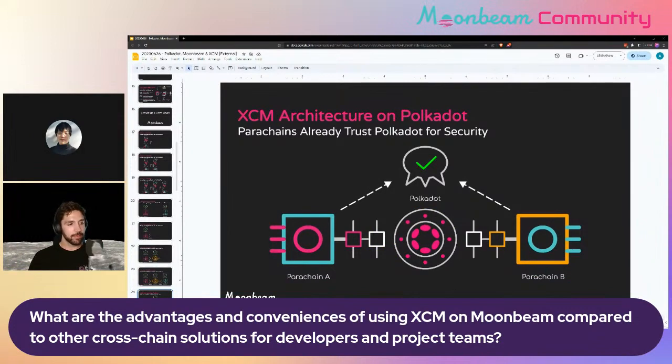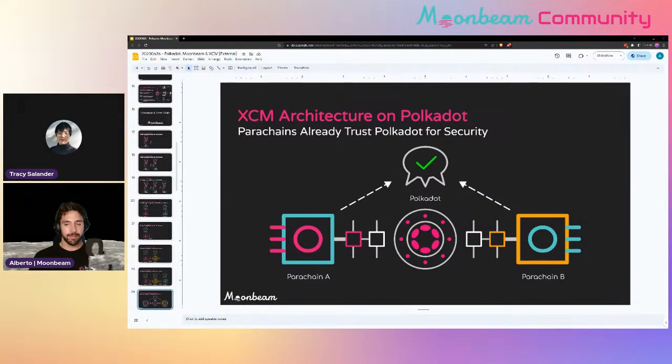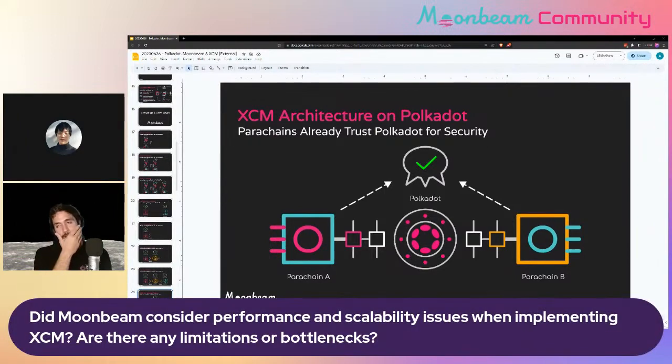Okay, cool. Next question is going to be, has Moonbeam considered performance and scalability issues when implementing XCM? Are there any limitations or bottlenecks? That's also a great question. So, right now, Moonbeam is running in what we call a limited performance state, because in a lot of things we rely on Polkadot for performance, because Polkadot is giving us the security.